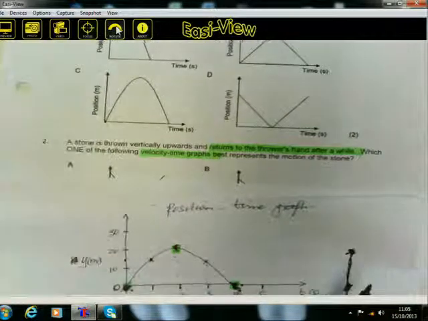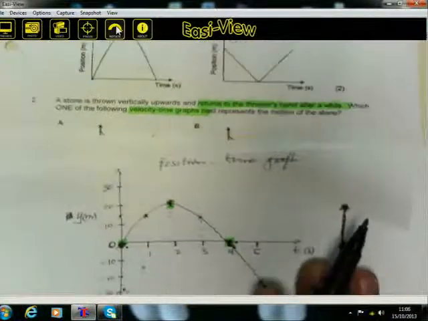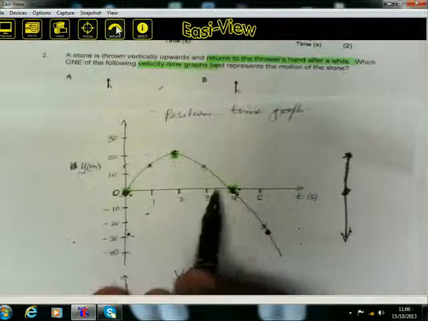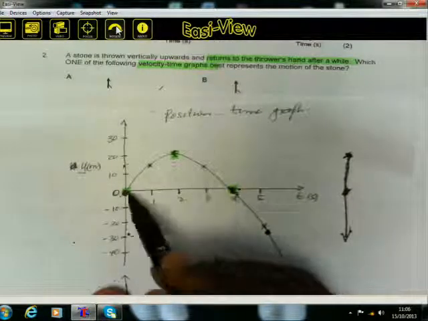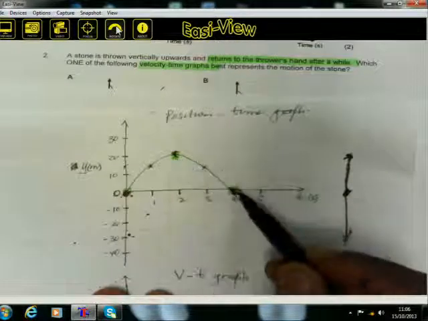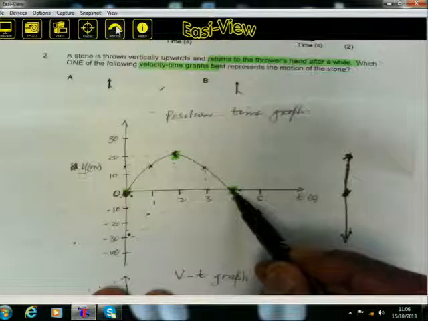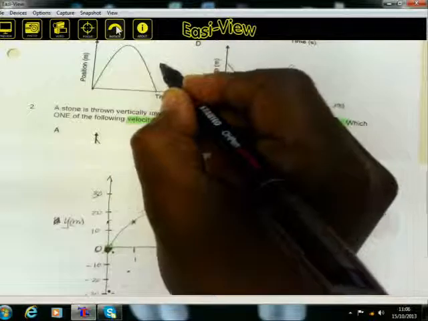So what we are interested in here is just a part of this graph which shows that the object goes up and then it comes back to its original position of throw. So this graph will be the one that most correctly represents our situation. We will not talk about this because it represents straight lines.